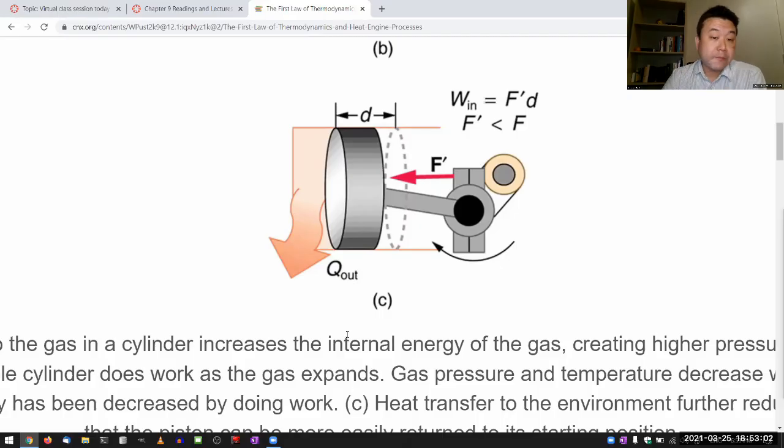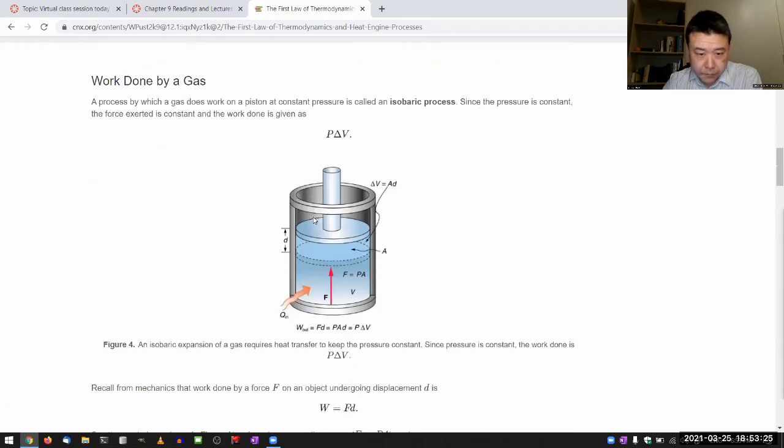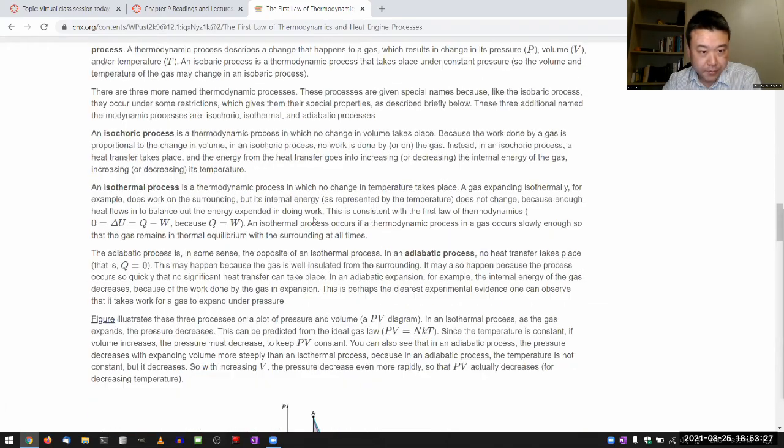So smart people were trying to figure out, how do we reduce this waste heat? And it turns out there's a fundamental law of nature that prohibits you from completely eliminating the waste heat. You always need to have some waste heat. Let me just skip through here.